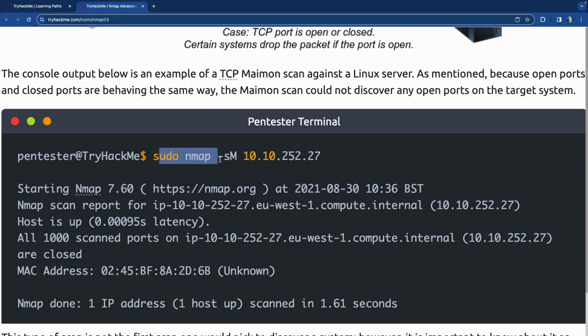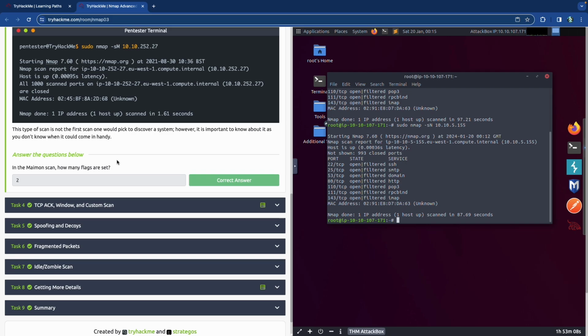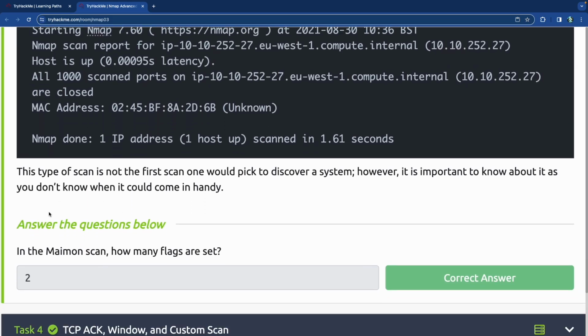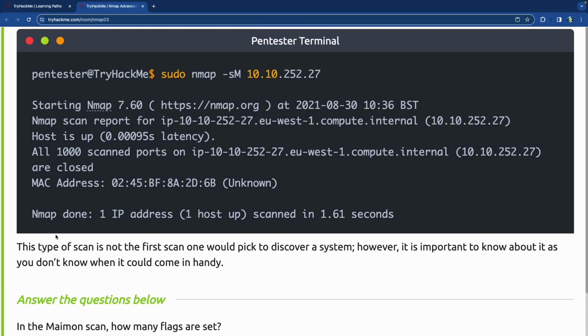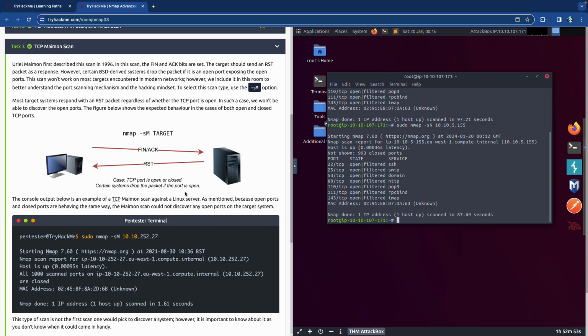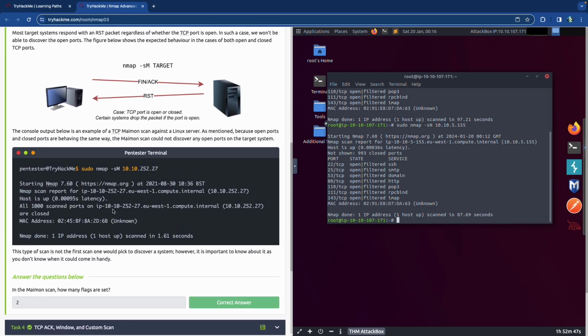So that's it: sudo nmap -sM and then you run the IP through it, and it'll show you what is or is not open. So how many flags are set in Maimon? The number of flags set is 2, because we are running the FIN and the ACK flags. So 2 flags are going to be set, which also means that there are 2 flags that have a value of 1, right? That's basically what that means.